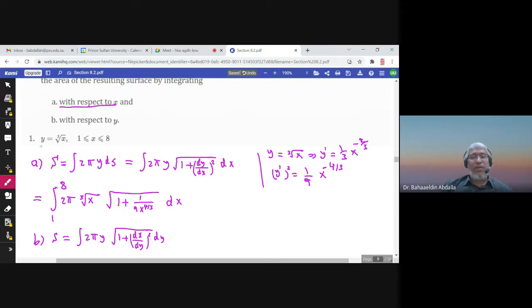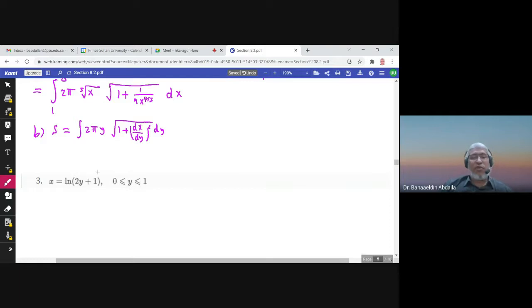This is the relation between y and x. If x is 1, the cube root of 1 is 1, so y is 1. If x is 8, the cube root of 8 is 2. So y runs from 1 to 2.